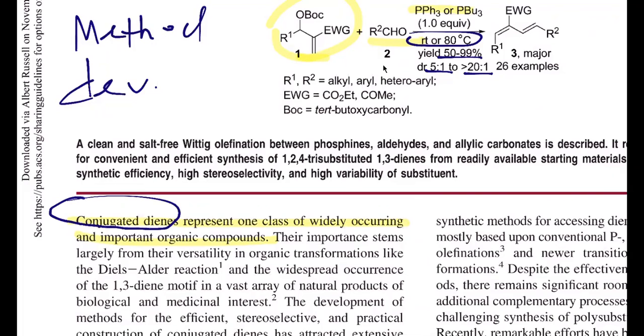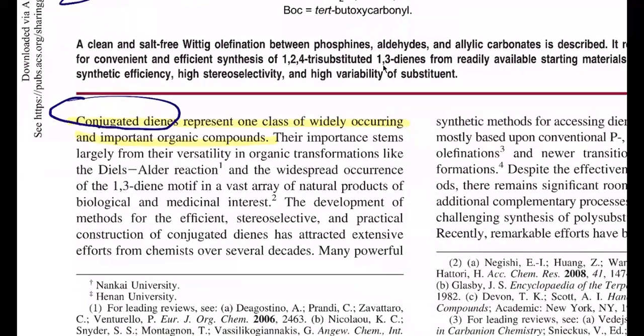So that's the whole purpose of doing the chemistry, right? Because you always want to know why somebody did something. Why did they do this and not something else? Well, the reason is that, again, this is another tool added to the synthetic toolbox. So it's another way to make conjugated dienes. And we've already talked about conjugated dienes, and you can see here the first reaction that they reference right here is the Diels-Alder reaction, right?